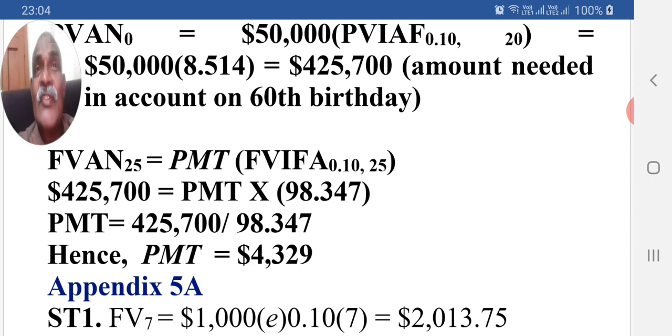It means at the age of 35, if you start saving about 4,329 rupees every year for 25 years, the accumulated amount in your savings will be 425,700, and then only you will get 50,000 every year up till 80 years of your age.